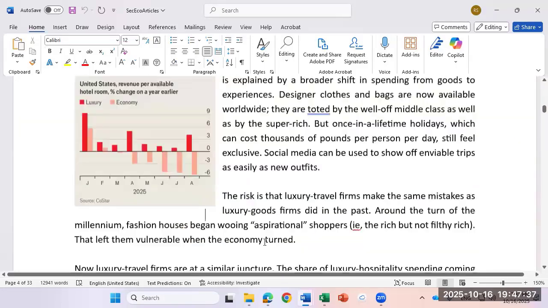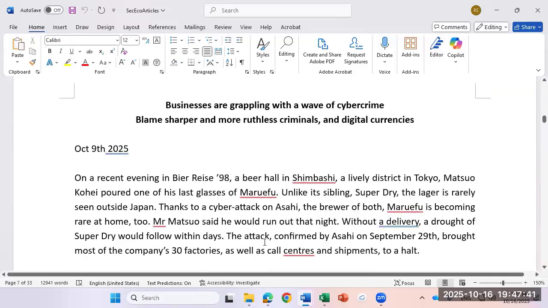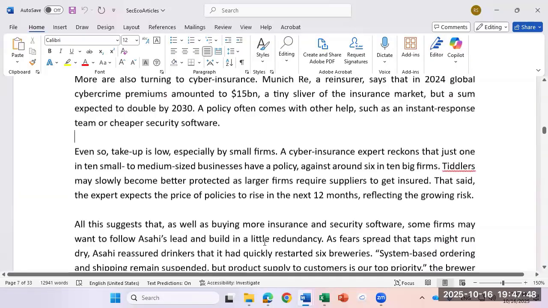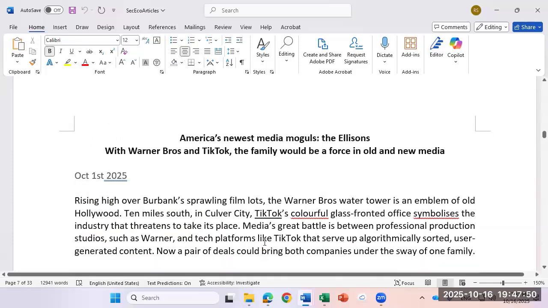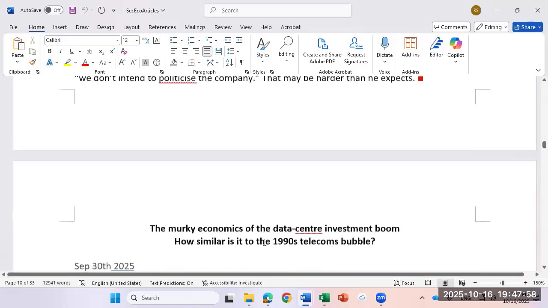That's kind of interesting. That's why Delta and United are doing so well right now. There's the digital currencies, and I don't know why I put that one in there. That may not apply. This is the Ellisons buying TikTok and some other firms. I thought that was pretty interesting for the media guys.